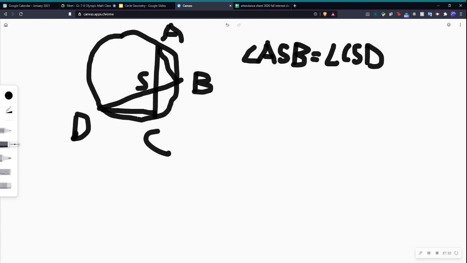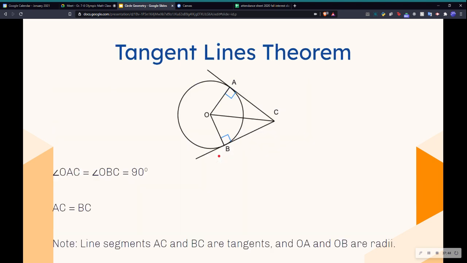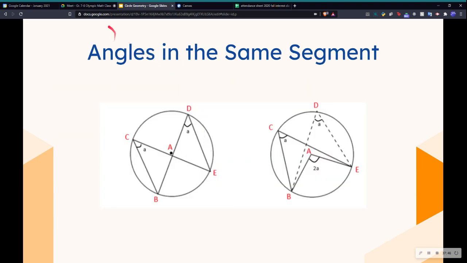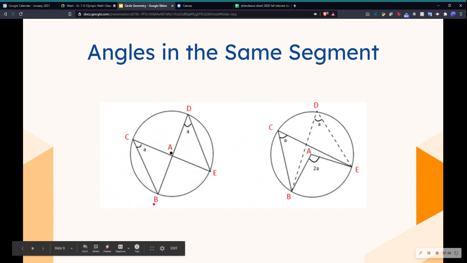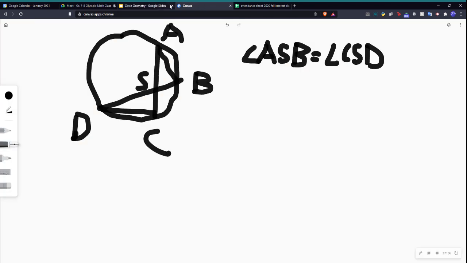Okay, so now, how do we prove the second pair? We're going to have to use one of the theorems in the past slides. So if we go back to this one, angles in the same segment. So remember, you have two anchor points, and you connect those to a different point on the circumference. And notice that all these angles will be equal to each other.